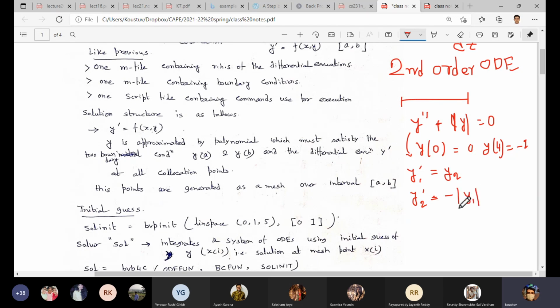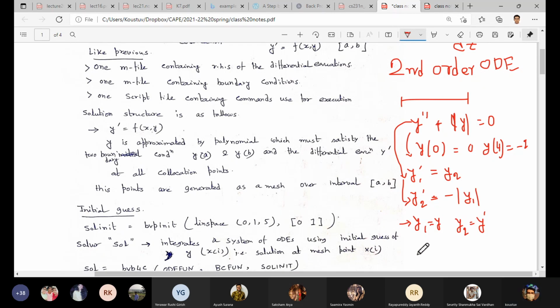All right, so we have just made it into two ordinary differential equations, right? So here in this problem we can say that our y1 equals y and y2 equals y dash. Okay, so just take this, substitute here, you will get this equation only.